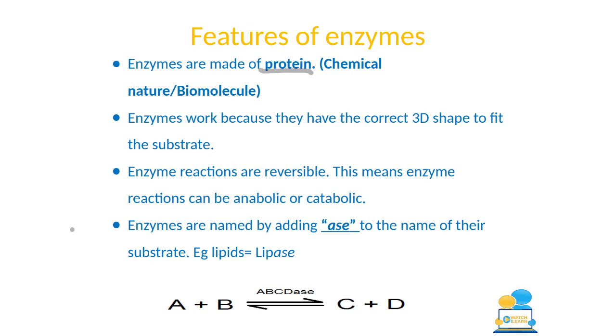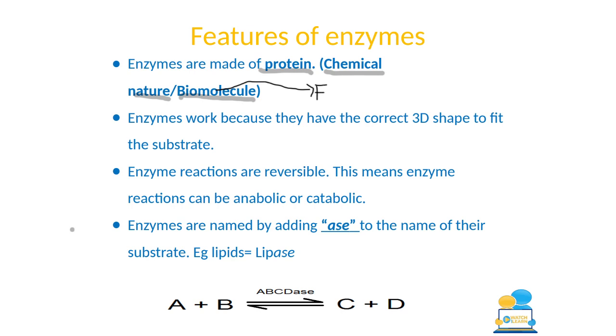I want to draw attention to the way that they may ask you this question in the exam. So frequently the way they may ask a question in the exam, Leaving Cert, is what is the chemical nature of enzymes? Or name the biomolecule from which enzymes are made of. That word biomolecule is going to ring a bell with you because that is essentially what we studied when we looked at food.